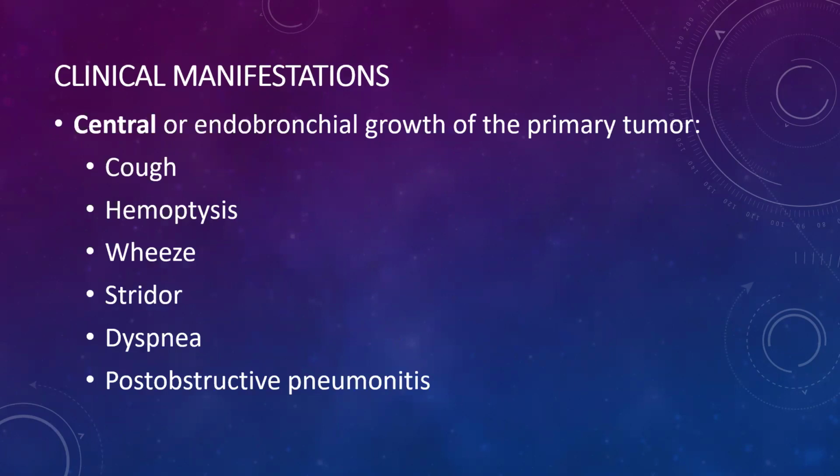For the central or endobronchial growth, that means a tumor is growing inside the bronchus, you would expect the following manifestations: cough, hemoptysis, wheezes, stridor, dyspnea, and post-obstructive pneumonitis.